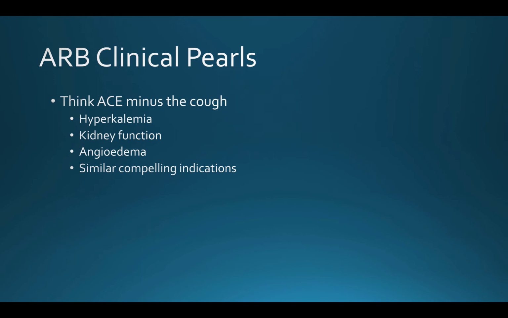The theory is it's through bradykinin release, where the ACE inhibitors work on the pathway. But clinically, if a patient has failed an ACE inhibitor due to cough, we absolutely can try an ARB. So don't forget that. And in the setting of a patient having compelling indications like diabetes or CHF, we definitely will want to try an ARB and see if they can tolerate that.